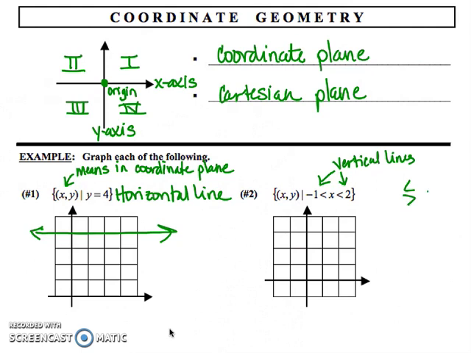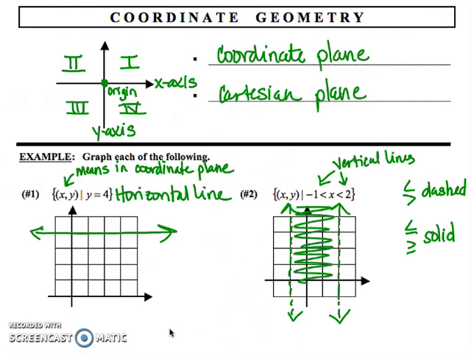Remember that these two symbols mean we draw our lines dashed, and these two symbols mean that we draw our lines solid in the coordinate plane. So there is x equals -1. And here is x equals +2. And if x lives somewhere between those two, then we're going to shade the region between those two dashed lines.